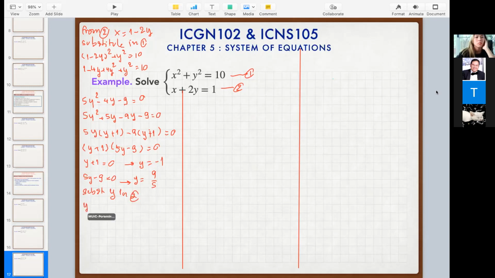in the case that y equals 9 over 5 first.